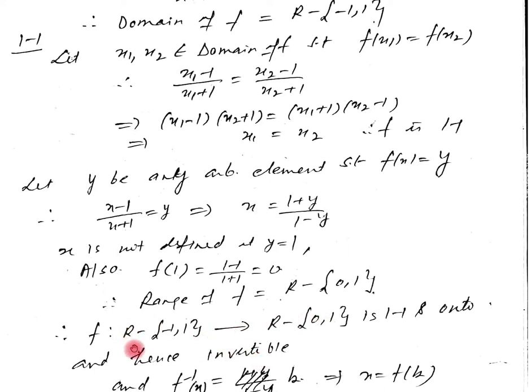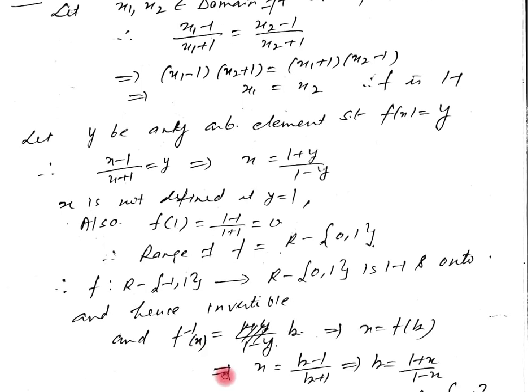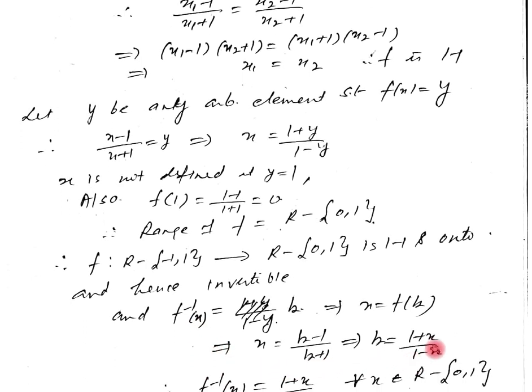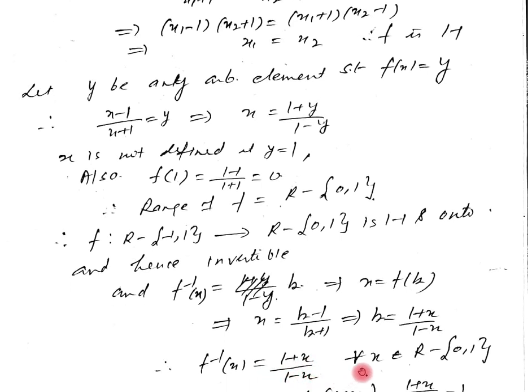We have proved that f is a 1-1 function, and that for this set of values the function is onto. Therefore the function defined from this to this is 1-1 and onto, hence it is invertible, and we can find the inverse of the function. It is given by x equal to (1 plus y) upon (1 minus y), so it is the inverse of the function for all x belonging to R minus {0, 1}.